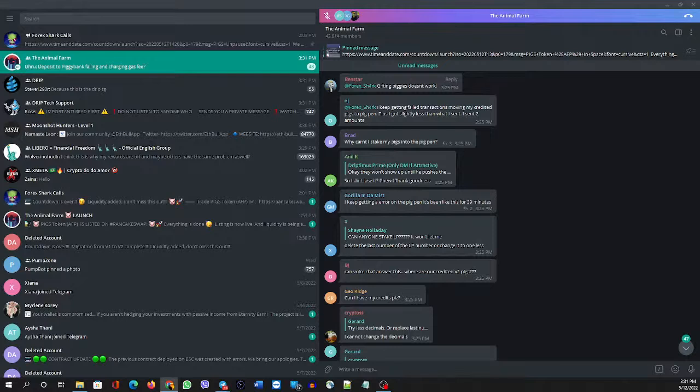Another item I'm seeing recur in the chat is questions over the LPs that weren't involved in the piggy bank that were on the farm. Okay, so there were no Pig BUSD LPs on the farm. There was no Pig BUSD or Pig BNB farm or pool.